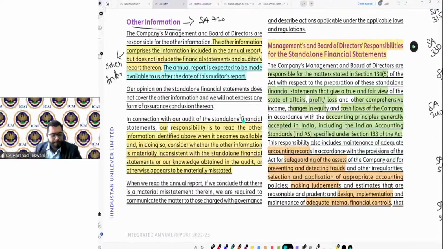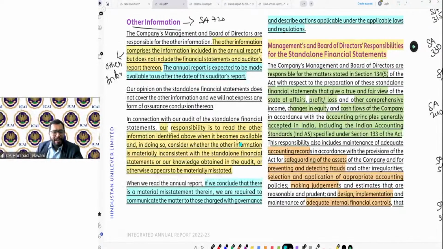And when we read the annual report, if we conclude that there are material misstatements therein, we are required to communicate the matter to those charged with governance and describe actions applicable under the applicable laws and regulations. So two things. One, when we are getting the other information.